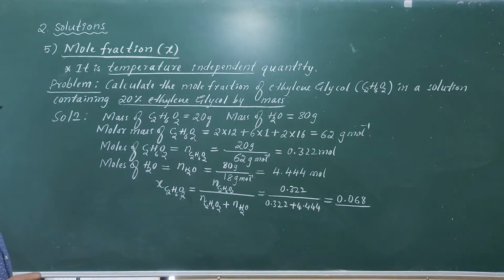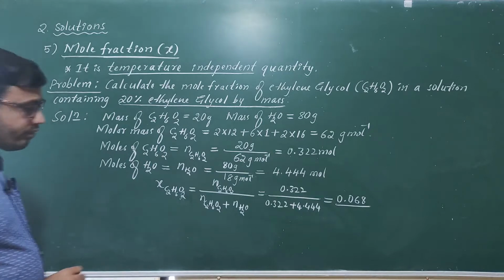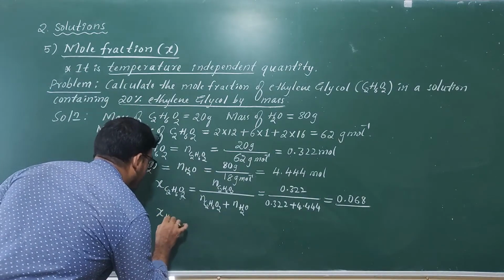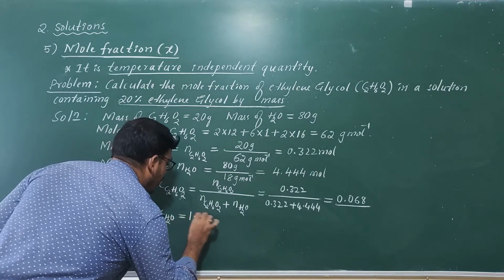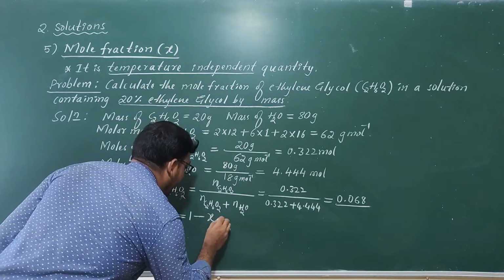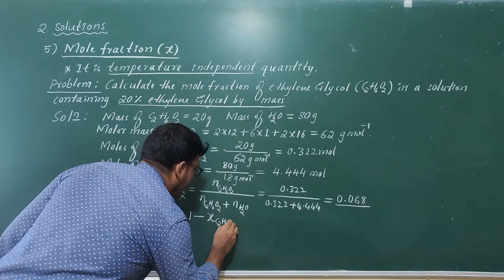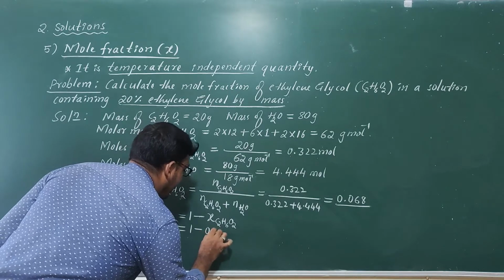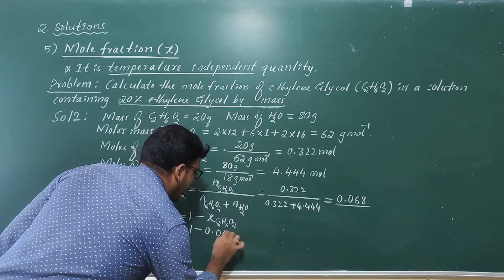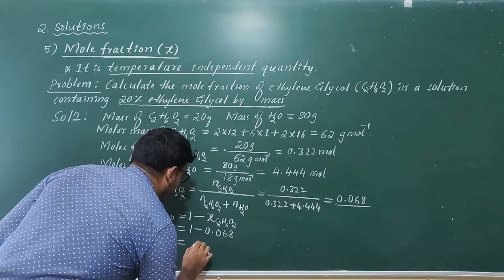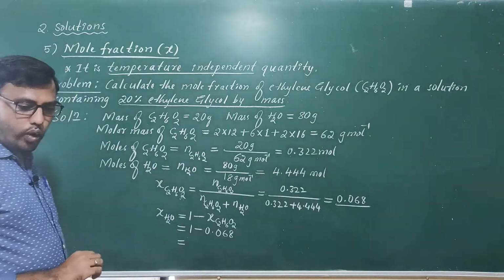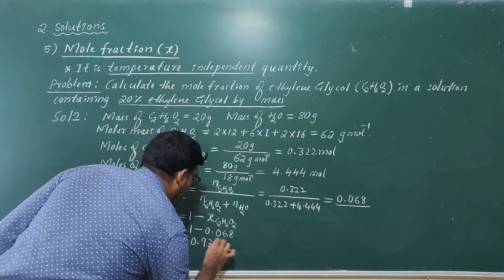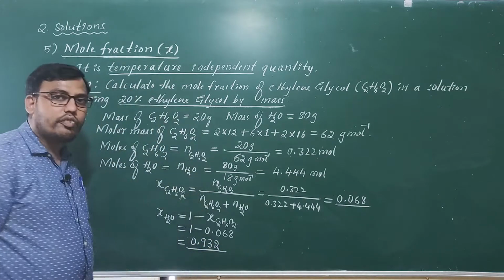Mole fraction of water, X of H2O, is equal to 1 minus the mole fraction of ethylene glycol. So 1 minus 0.068 is equal to 0.932. That is the mole fraction of water.